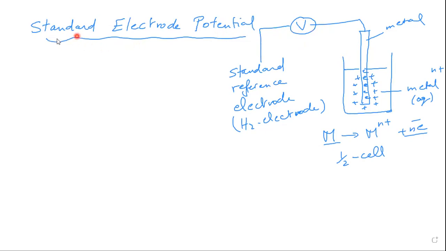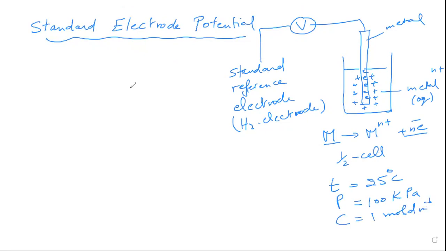When we say standard, it means that we are measuring this potential at standard conditions: the temperature equals 25 degrees Celsius, any gas has a pressure of 1 atmosphere or 100 kilopascal, and all solutions must have concentrations of 1 mole per decimeter cube.